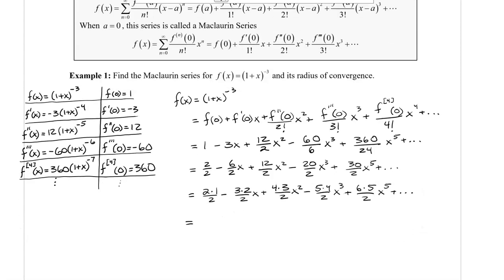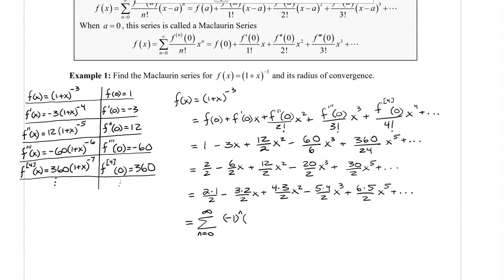So now we're seeing a 2 in each denominator. We're seeing alternating signs starting with positive, and we're also seeing that each term's numerator is the product of 2 consecutive whole numbers. So if we start our summation at 0, first let's get the alternating sign.